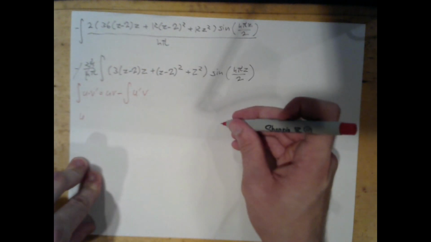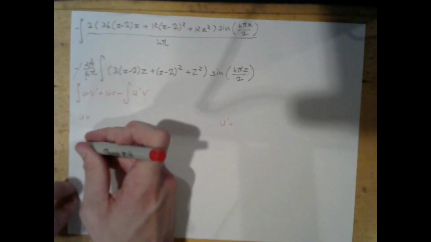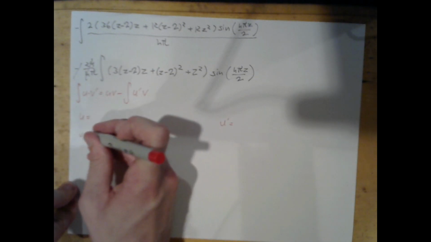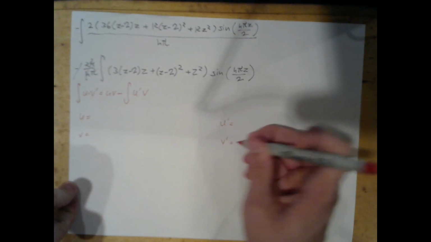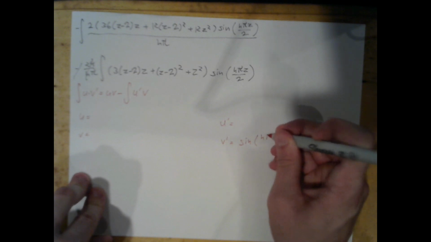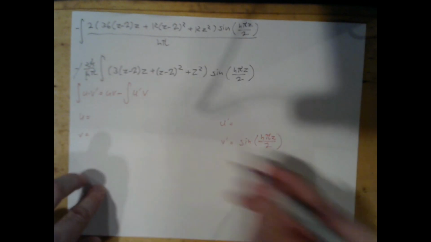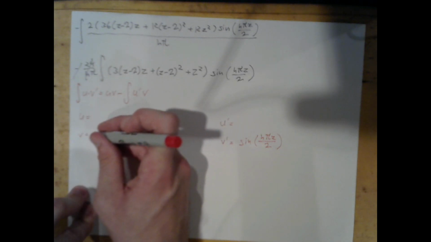Okay, so once again, u, I'm going to move this over this time, u prime, v and v prime. Once again, our v prime is just going to be sine h pi z over 2. So we get the oscillating term again.